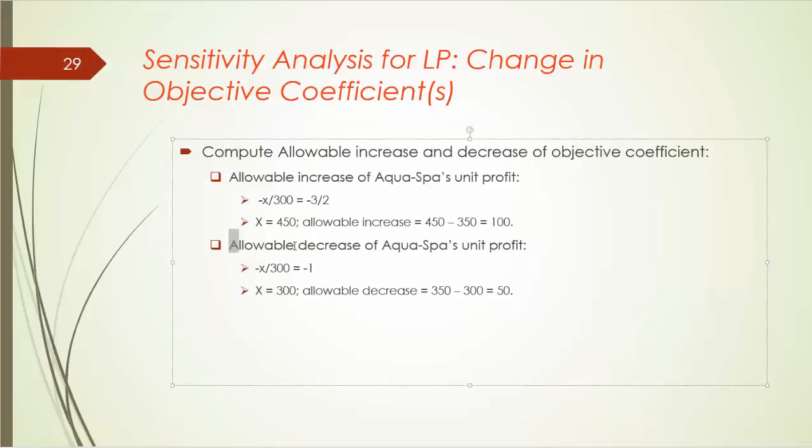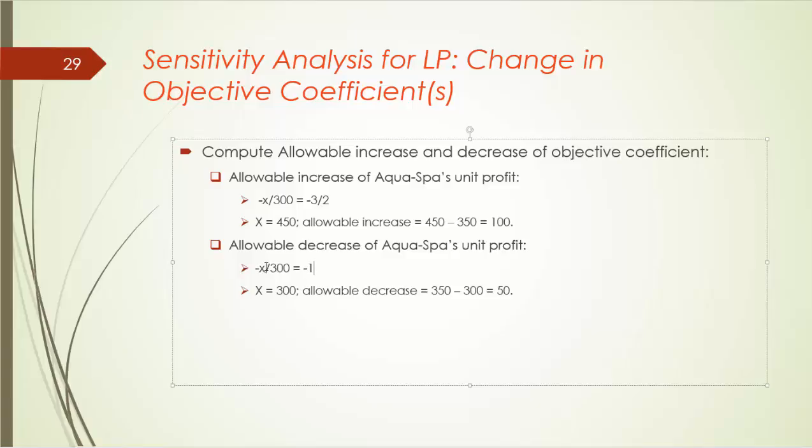To calculate the allowable decrease of Aquaspar's unit profit, let's say the new Aquaspar's unit profit is X dollars. As a result, the slope of level curve will be negative X over 300. And we know that the slope will be equal to the slope of pump constraint boundary line, which is negative 1.